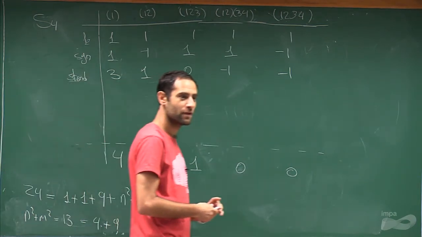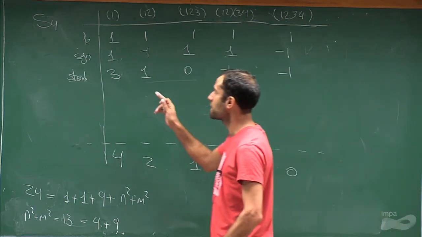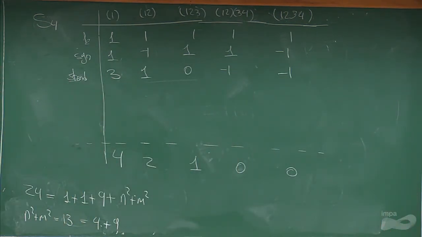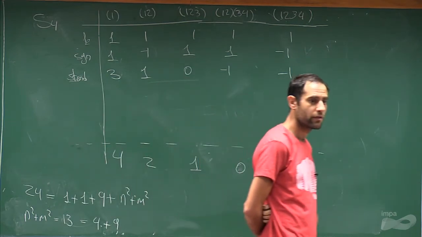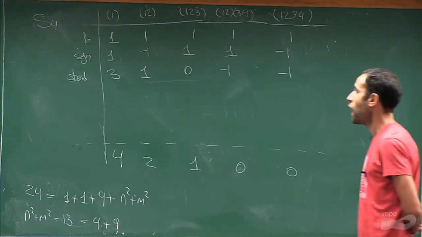Okay? So how do I do those? So the standard representation is dimension 3. I'm missing another of dimension 3 and one of dimension 2. Oh, that's a good one.